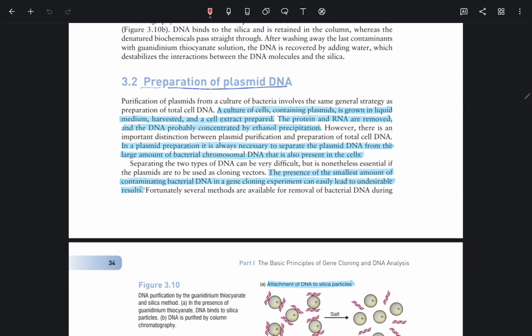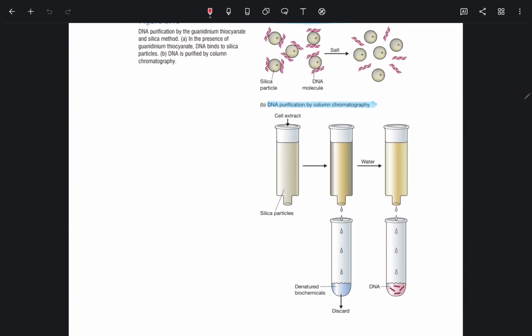In a plasmid preparation, it is always necessary to separate the plasmid DNA from the large amount of bacterial chromosomal DNA that is also present in the cell. The presence of the smallest amount of contaminating bacterial DNA in a gene cloning experiment can easily lead to undesirable results.